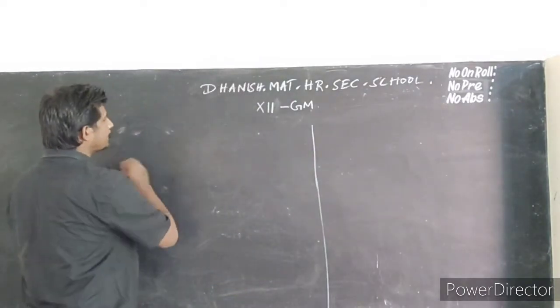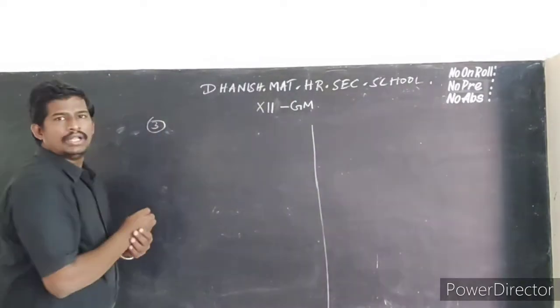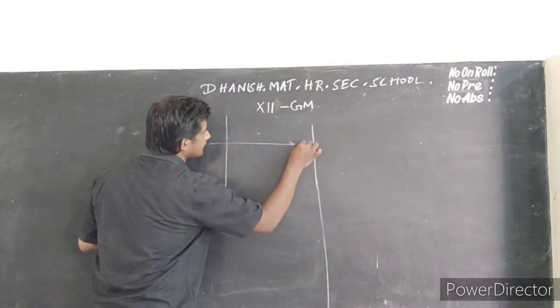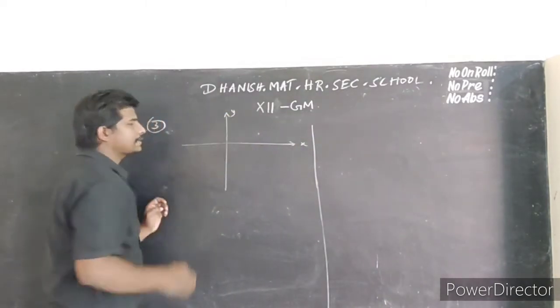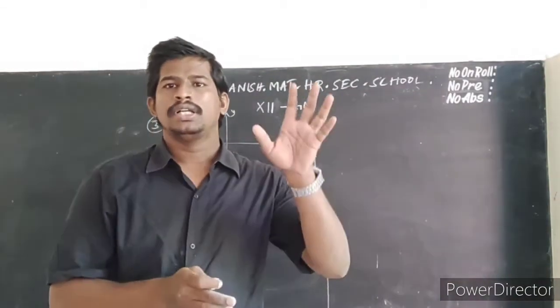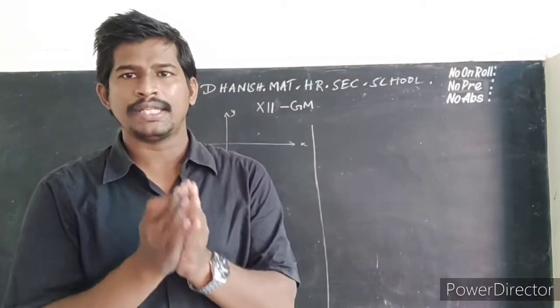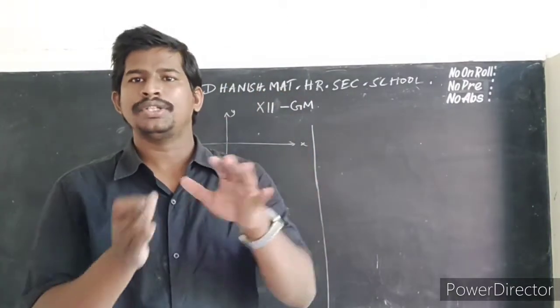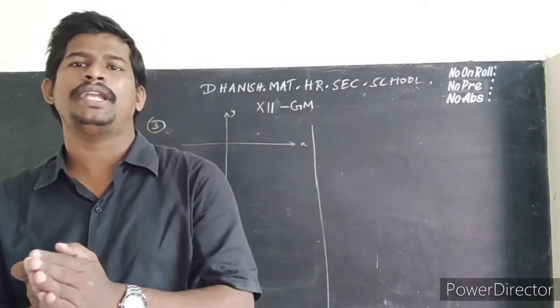Look at the problem carefully. Here I'm going to take the x-axis and y-axis. Our condition is that the circle should touch both the axes, and the circle should pass through -4, -2.